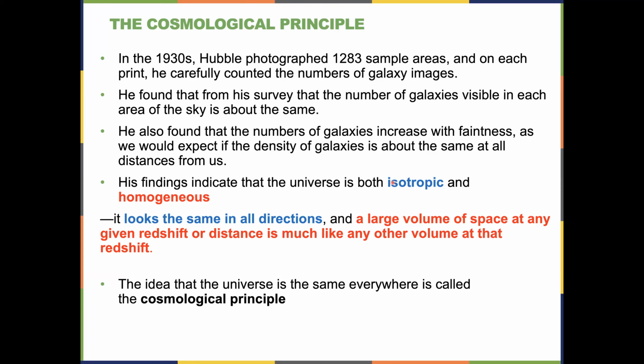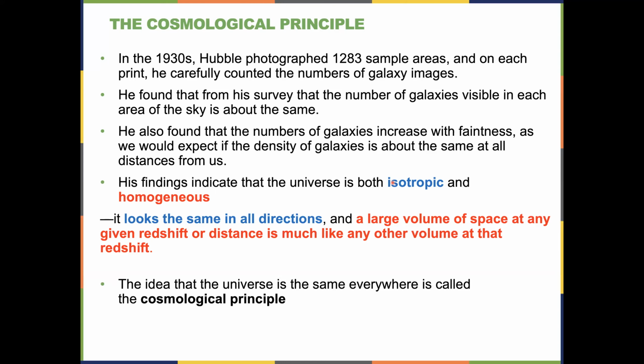Now, what he found from his survey is that the number of galaxies visible in each area of the sky is about the same. Which means it doesn't matter which area you are looking at, roughly you can see the same number of galaxies in each area.